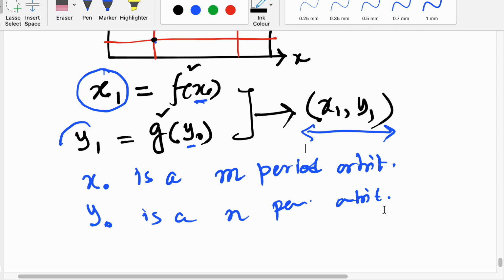Now suppose the population of the prey is periodic. After the mth generation, the prey population returns to its initial population size, and the predator population will not come to its initial position, but it will come to its initial position after the nth period.